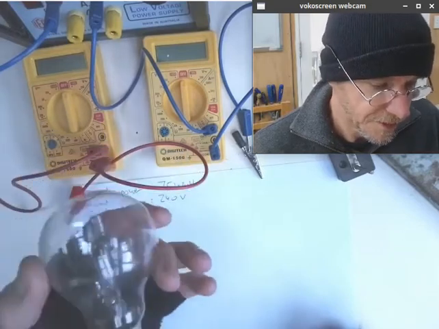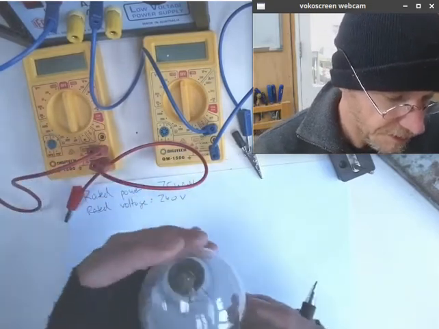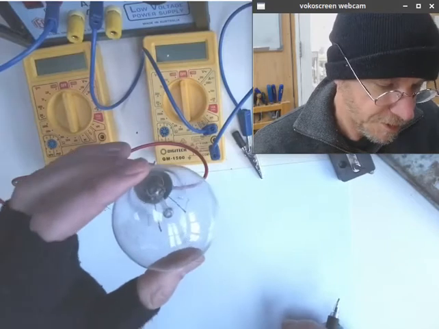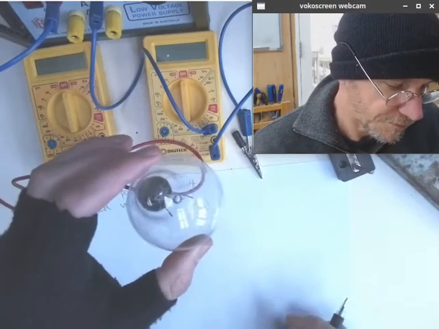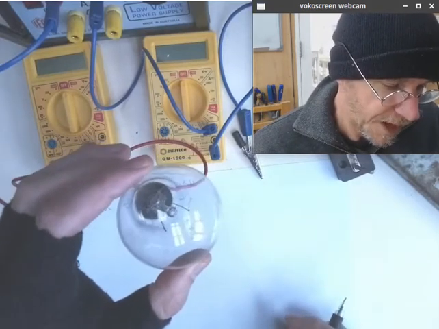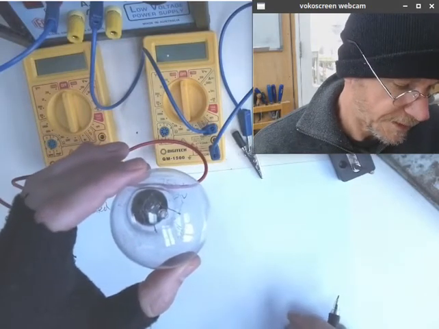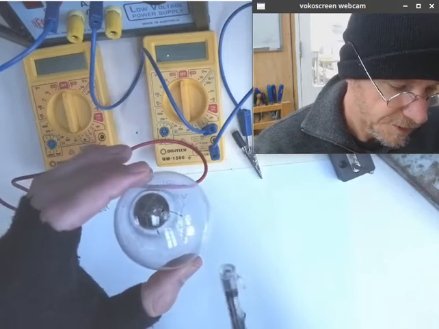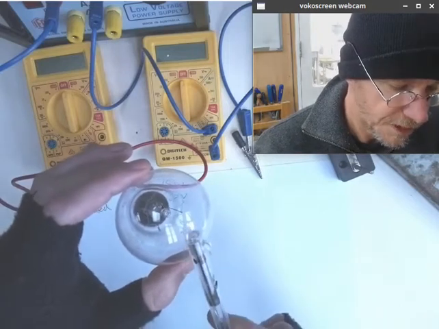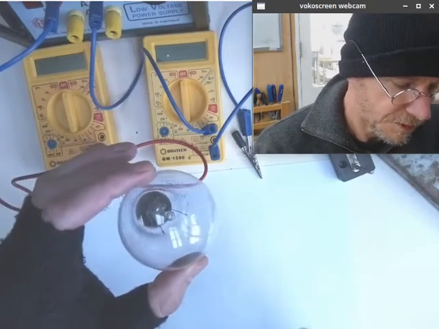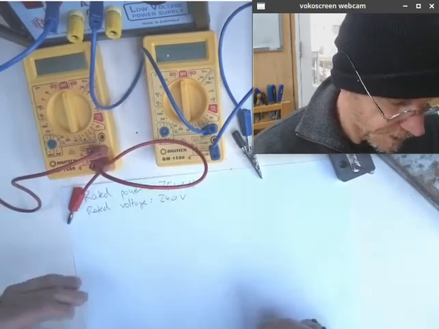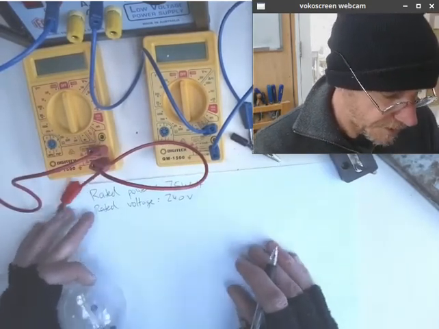Now in our mains system we have alternating current, and the peak-to-peak voltage is significantly higher than 240 volts, but the RMS voltage, the root mean square voltage, which we'll learn about in level 3, gives you the equivalent of a DC voltage of 240 volts. So there we go, the rated power and the rated voltage.